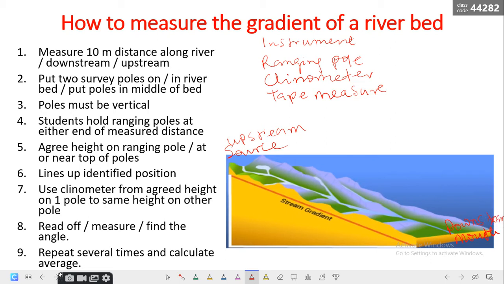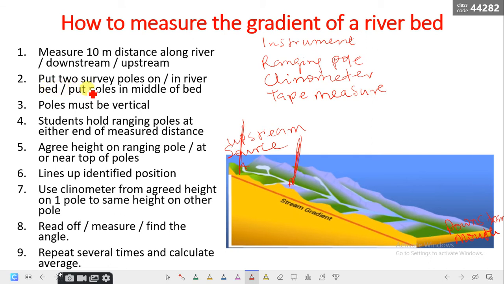When you want to measure this, it's simple. First, you measure a 10-meter distance along the river. If this is my point A and this is my point B, I'll have two ranging poles, two survey poles, at each point. This is 1, this is 2.